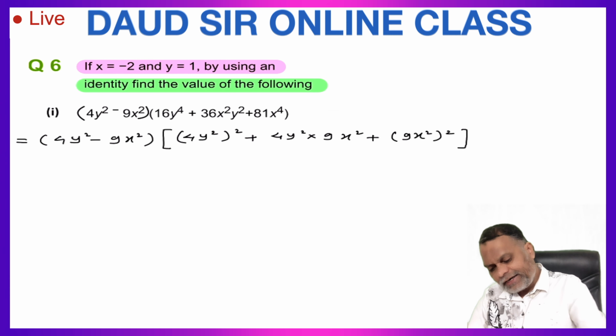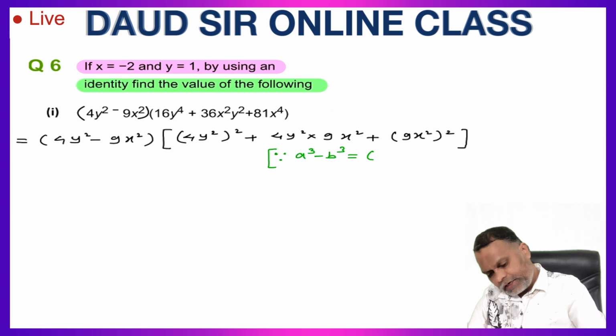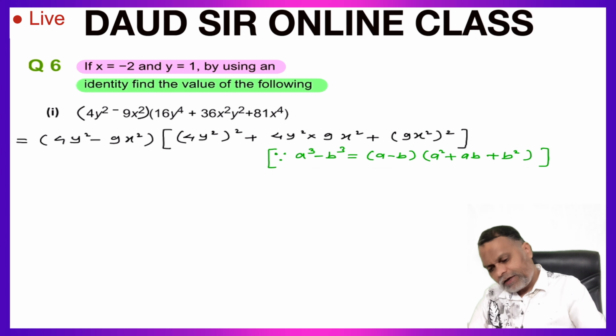Now we can apply the identity. Since a cube minus b cube is equal to a minus b into a square plus ab plus b square. This identity we can apply here.